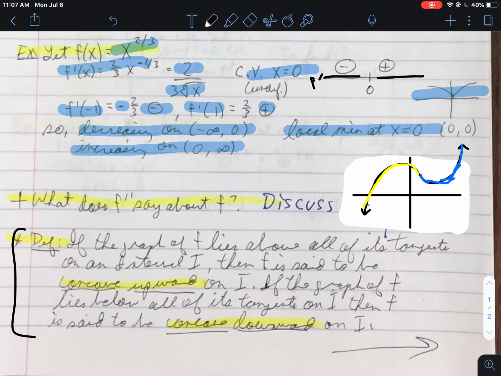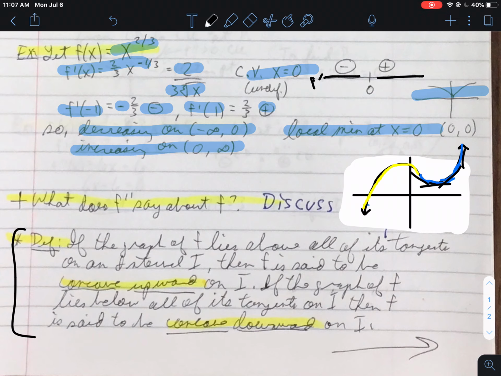So on that blue part of the graph that I said was concave up, notice that if you drew a tan line to any part of this graph, at any point on that portion of the graph, the tan line is always going to be below the graph. Or in other words, the graph is above all of its tan lines. Okay? We say that's a concave upward graph, or that the graph is concave up on that interval.